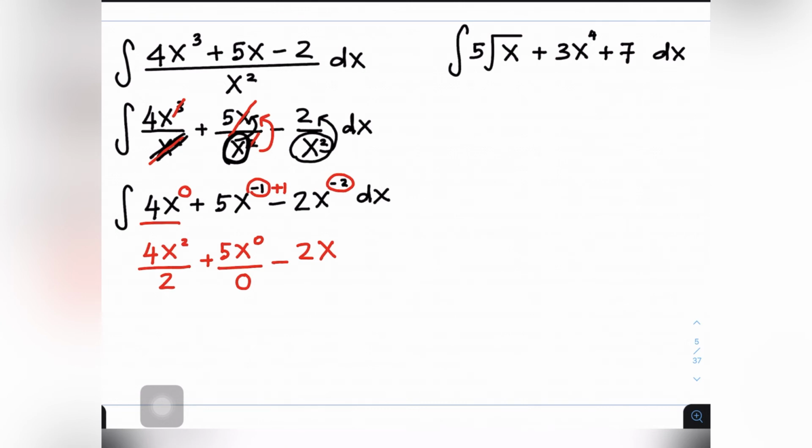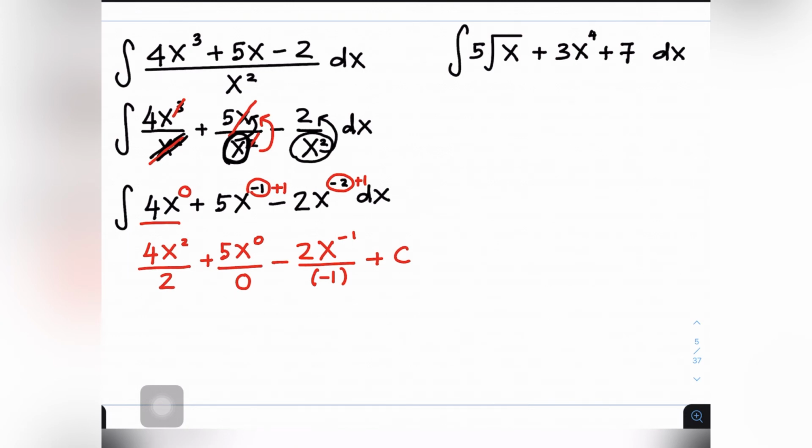So you need to plus 1. So negative 2 plus 1 is equal to negative 1. So you have your new power here. And the second step, you need to divide by the new power. The new power is negative 1. And don't forget that every time you are doing the process of integration, you will get plus c at the back of your equation. Alright, now we see one by one which one we can simplify.